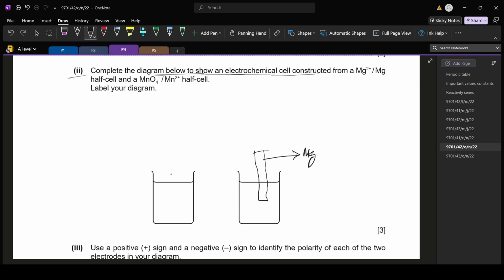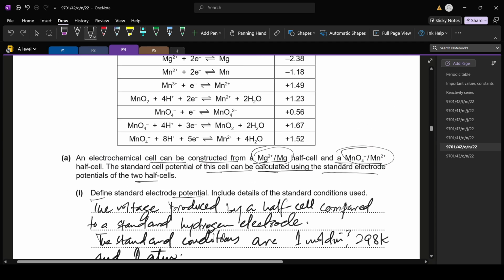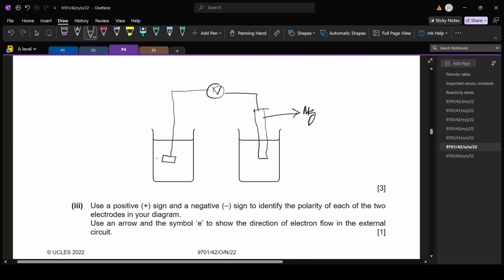Then you will have a voltmeter over here, and then a platinum plate over here, because there are only ions in the MnO4 half cell. It is not in solid state, so there will be a platinum plate.